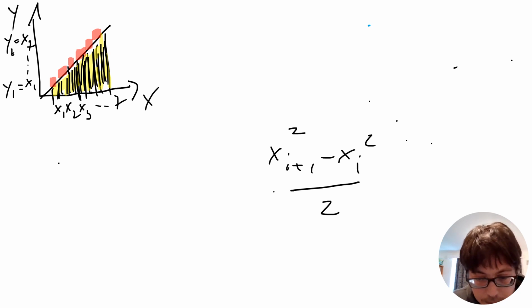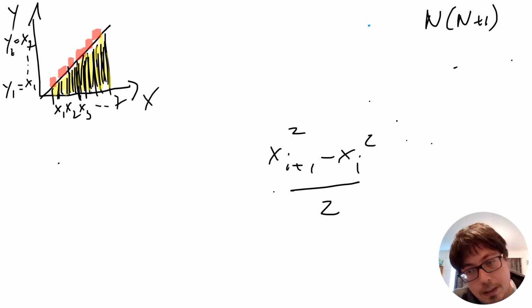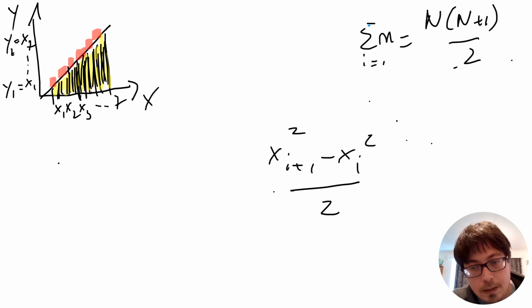And let me write it in blue. We remember the formula n times n plus 1 divided by 2, which was the sum over all the n's up to n.